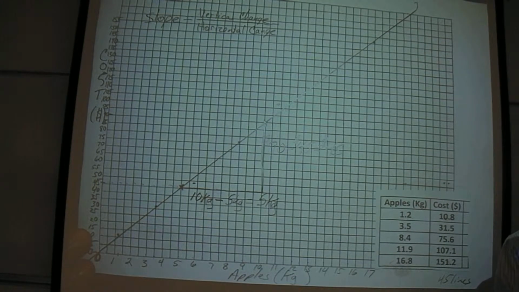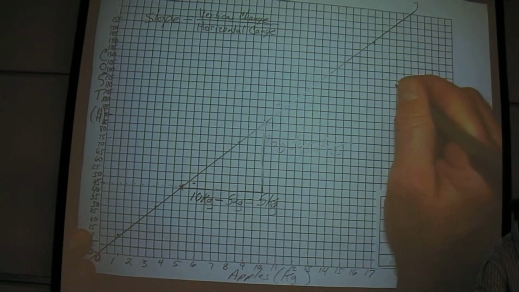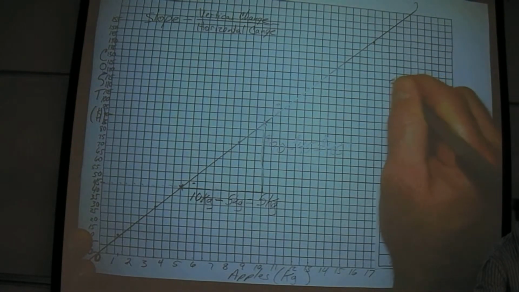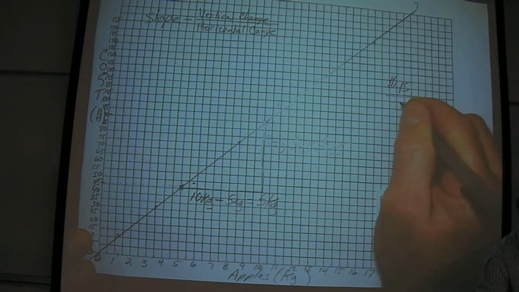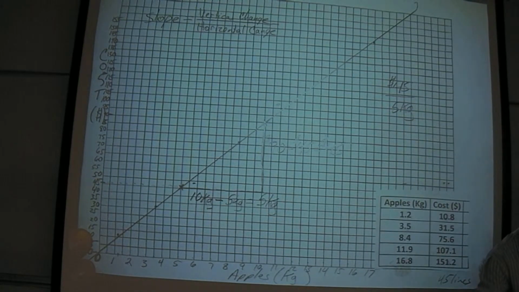Now what I'm going to do is take that vertical change that I figured, $45, and divide it by 5 kilograms.